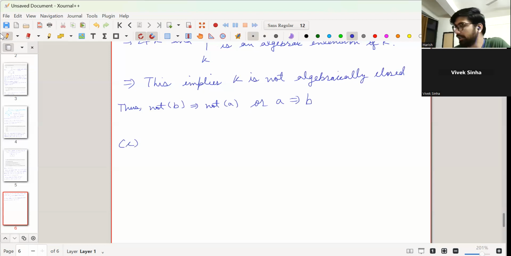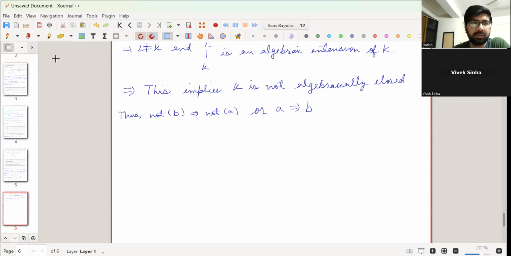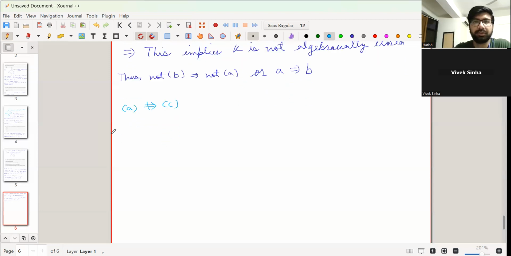So C is not the same as A. We have already seen that A is the same as B. Now we will see A does not imply C, and it is very easy to see. There is nothing we have to do.